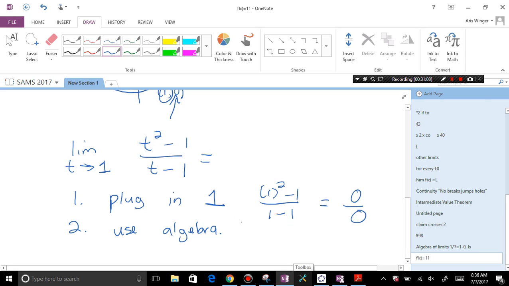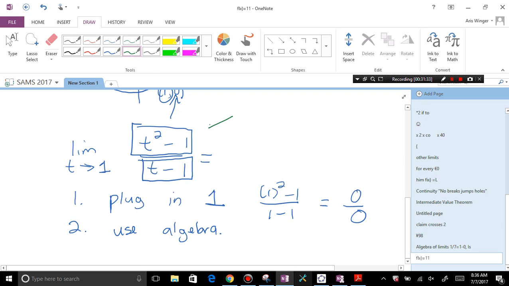Now, you are alluding to the fact that this is a fight. I know the numerator is going to 0, and I know the denominator is going to 0. What else do I know?